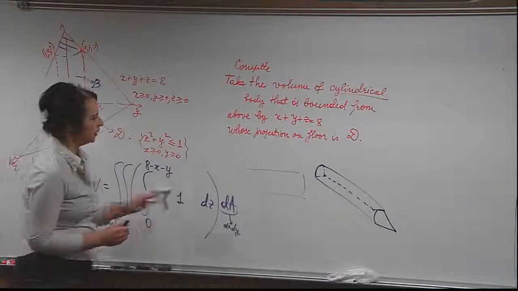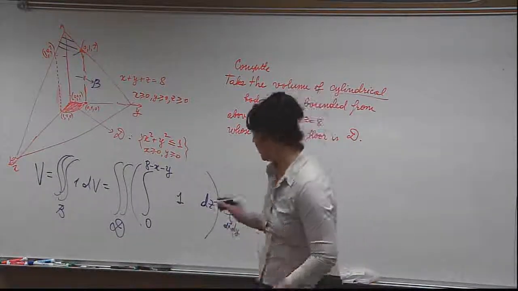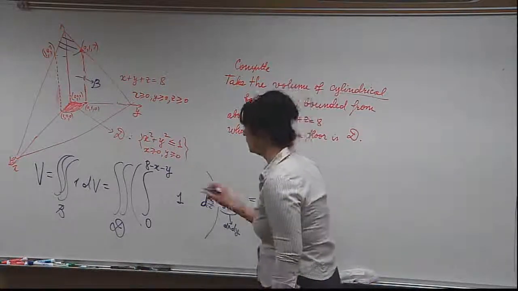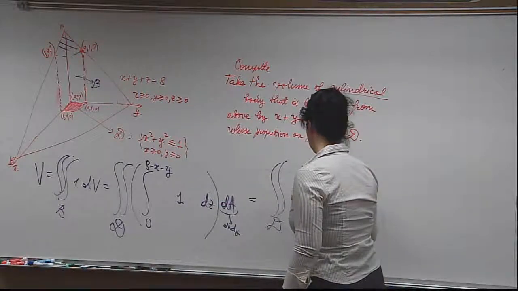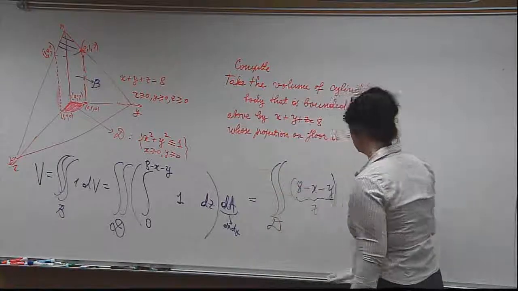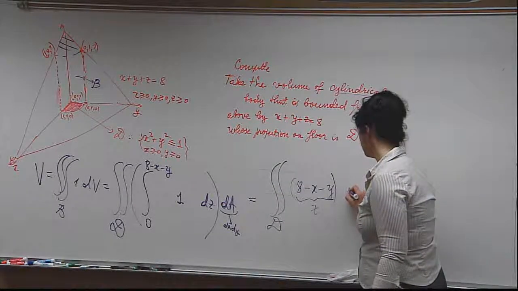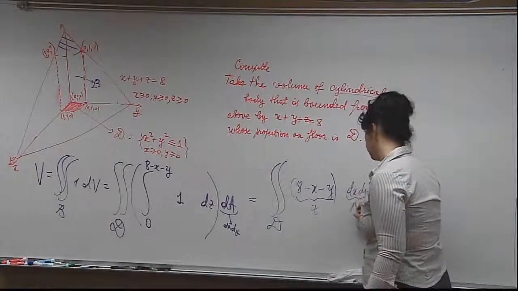But then Alex will say, I could have done this as a double integral. Let me show you how. I could have done it over the domain D in the plane. Put the function 8 minus x minus y as z from the very beginning, because that's my altitude function, f of x and y. Then dx dy, the area element.